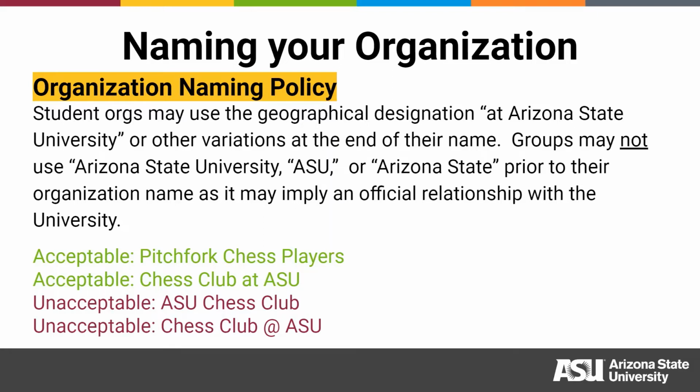It needs to be at the end, designating that you are a club at ASU, you are not the ASU club, if that makes sense. Something acceptable would be the Pitchfork Chess Players Chess Club at ASU, but you would not be able to say ASU Chess Club. And you also are not allowed to use the @ sign. You can't say Chess Club @ ASU, it needs to be the word "at."